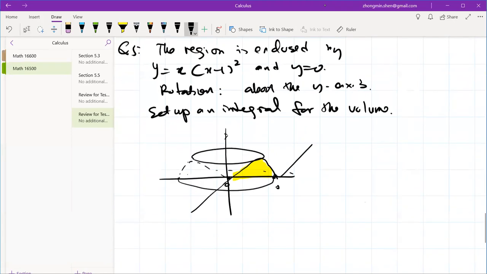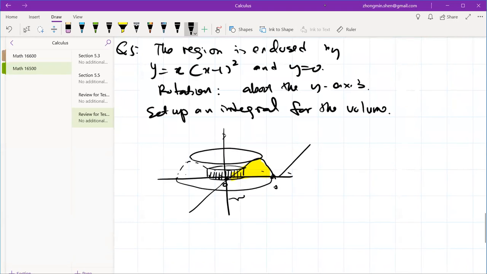Okay, so you draw a cylinder. That's the inside of the cylinder. So this is the radius, r, that is the height, h. So the volume is going to be 2 pi r h dr.